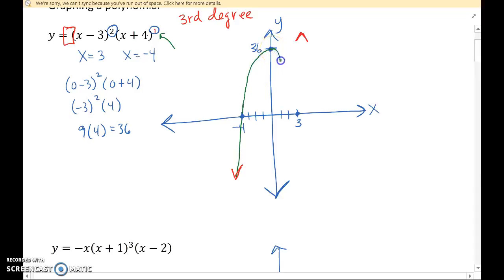Well, to get to 3, we have to come down. And as you come down, you have to look back over here at the exponent on our other root, and you see that it's squared. Anytime you have an even exponent, it's going to bounce. And so it comes down, it bounces at 3, and then it finishes up. And so that is the graph of our third degree polynomial.